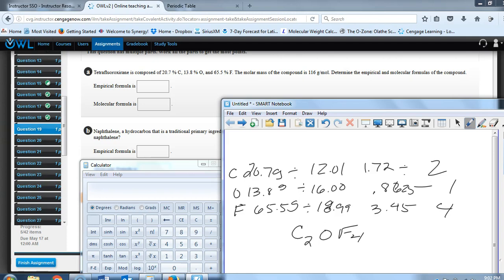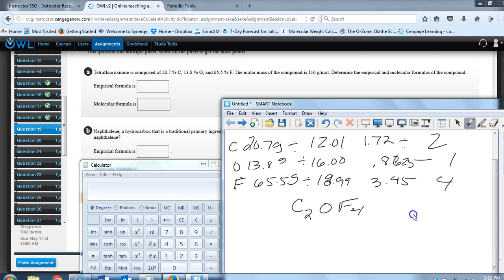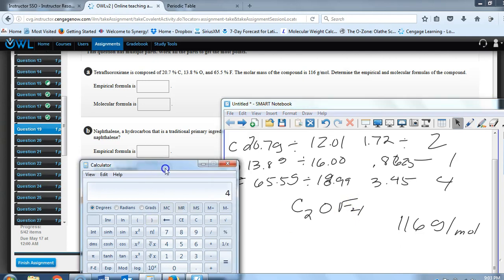Okay? Now, it says molecular formula. Remember, the empirical formula is simplified. The molecular formula is going to be the total number of particles, and it tells us the molecular formula has a total mass of 116 grams per mole. So what we have to do is figure out what is the mass of this guy, and then how many times it will go into 116.